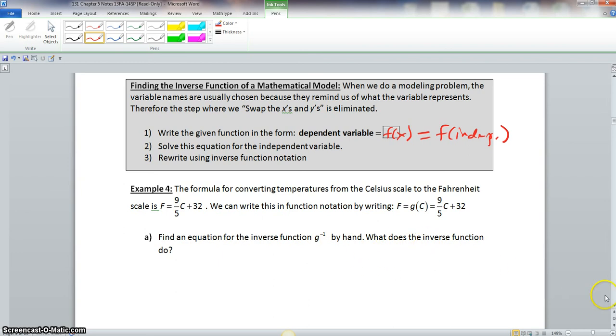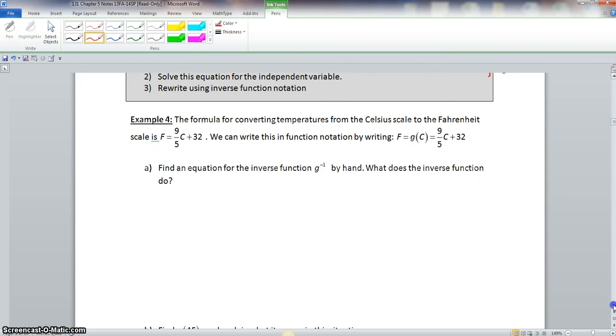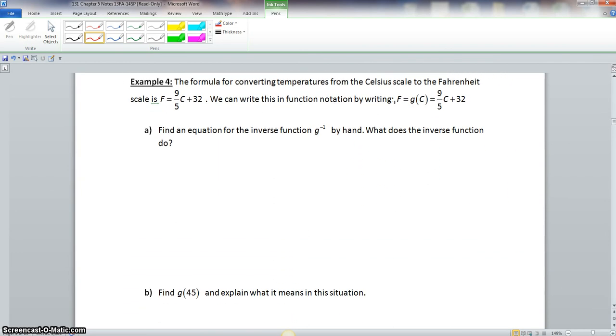What does the inverse function do? We want to take this formula here, and we would start off with F is equal to 9/5 times C plus 32. Now, we want to get C by itself. So first we will subtract 32 on both sides.